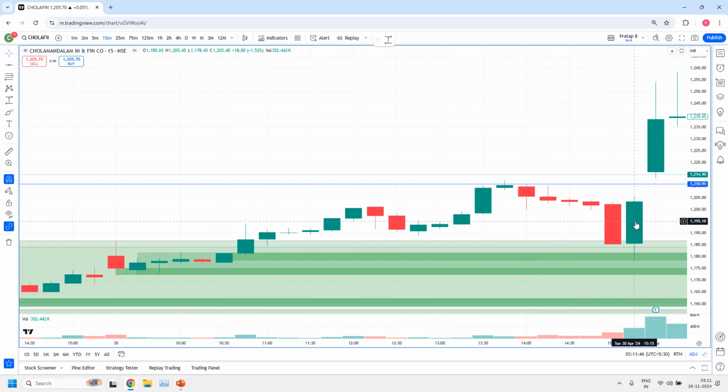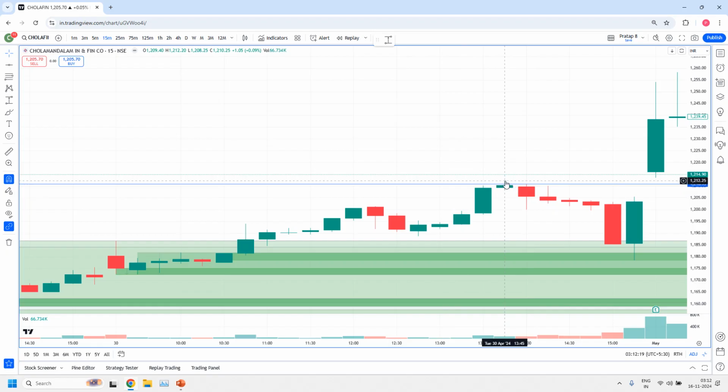In the last 75 minutes candle, the actual institutions' play has started. What is the institutions' play? They have to create an impression that this zone is a tested zone. Already by this time, this entire thing is a very big green candle up to here, the high of the candle on this day.